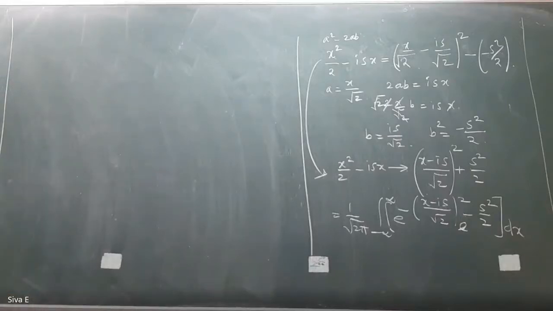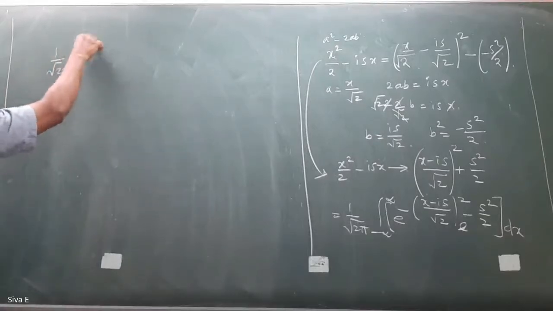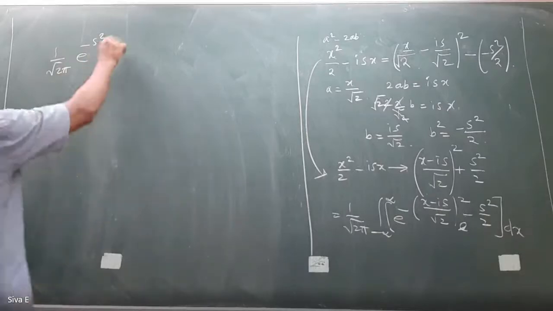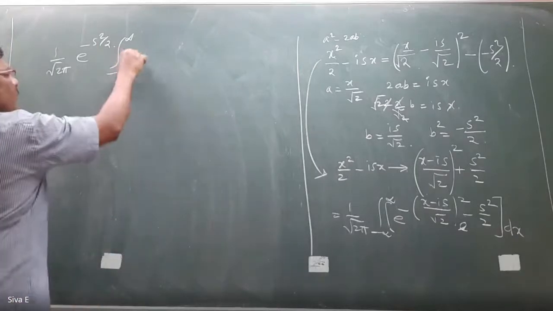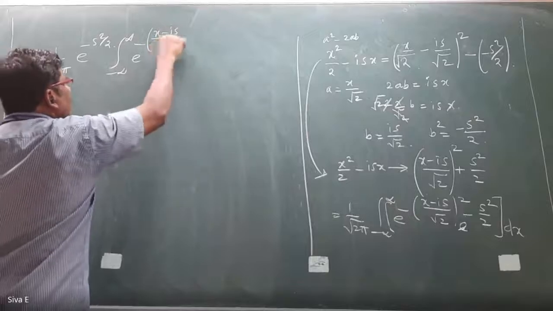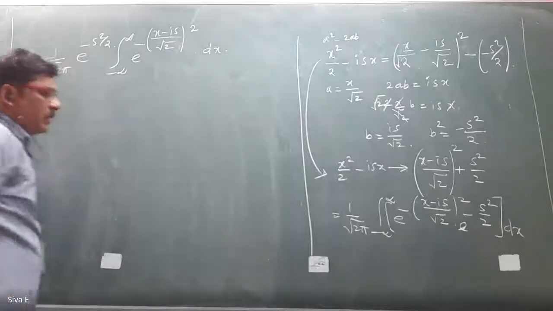So 1 by root 2 pi, take e power minus s square by 2 outside. Integral over minus infinity to plus infinity, e power minus (x minus is) by root 2 whole square dx.